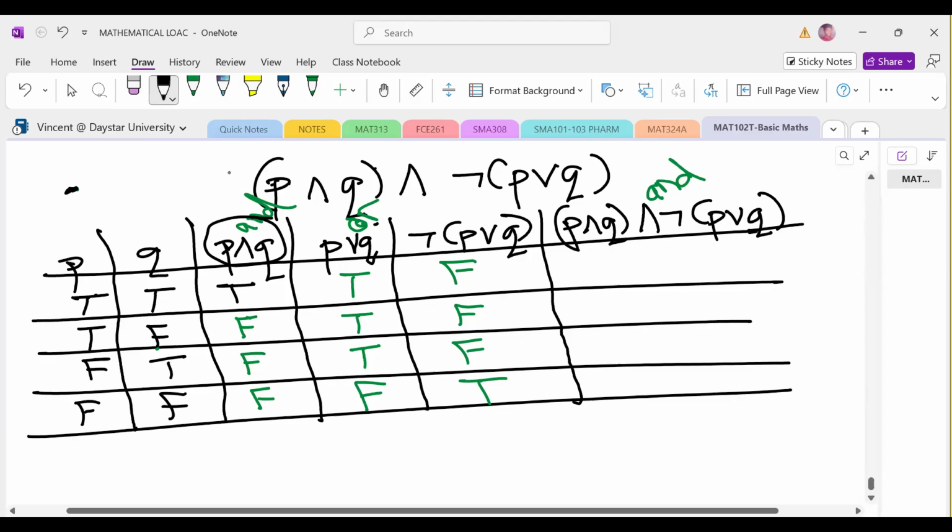F. So here you have F followed by F again, followed by F, followed by F again. So what is the verdict? Contradiction, because everything is an F. Yeah, contradiction.